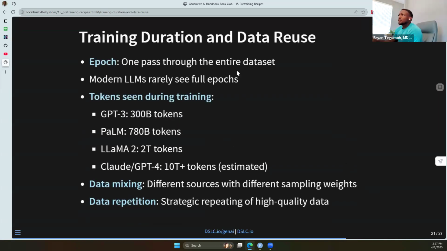Then we have training duration and data reuse when discussing pre-training. An epoch is one pass through the entire dataset. Modern models rarely complete full data passes, what I'm referring to here as an epoch.